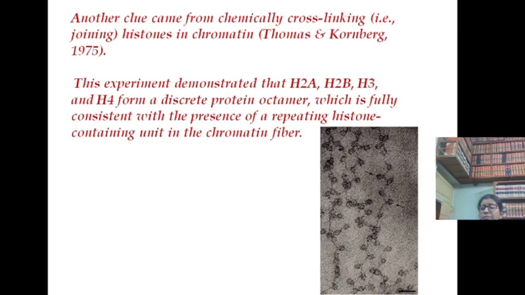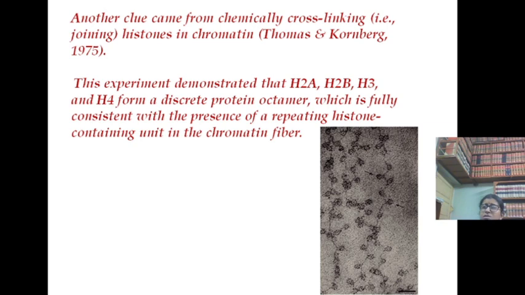Another clue came from chemically cross-linking histones in chromatin. Cross-linking is joining the histones, and it was done by Thomas and Kornberg in 1975. Kornberg, I think, also got a Nobel Prize for this nucleosome structure. The experiment showed that H2A, H2B, H3 and H4 form a discrete protein octamer.